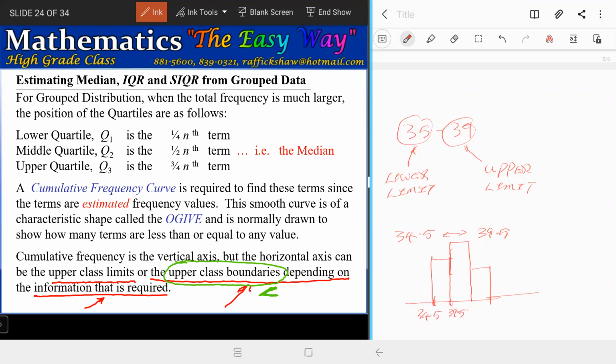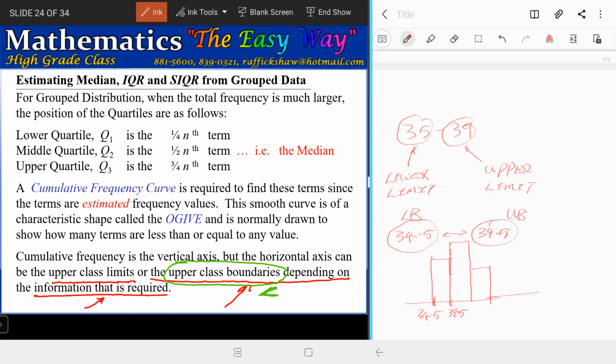So those boundary values also form the boundaries of your histogram. Remember, where one boundary ends, the next group starts at the same boundary, right? Lower boundary, let's call it LB, and upper boundary, UB. So those are your boundary values.